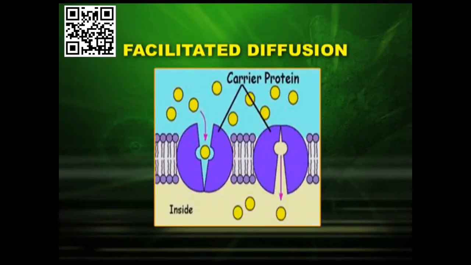Now, the diagrams clearly show how the molecules are taken by the carrier proteins, and the carrier proteins help in the diffusion of the molecules from outside to the inside of the cell. These carrier molecules are embedded in the plasma membrane.